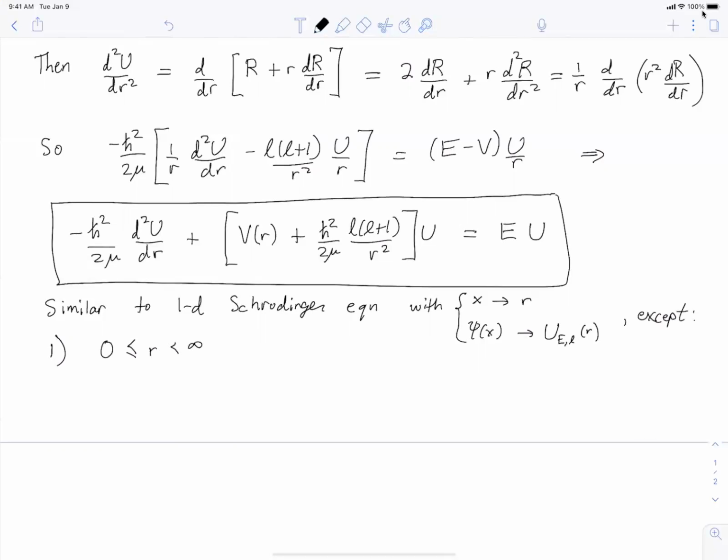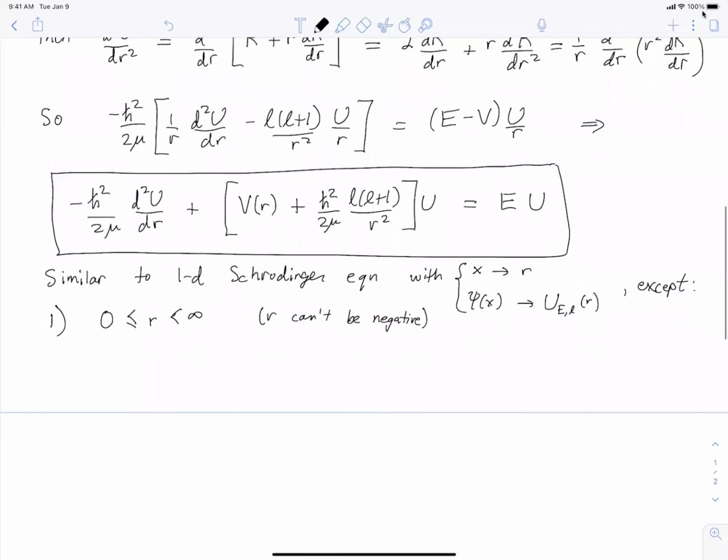That's simply because the radial coordinate can't be negative. If we're solving a one-dimensional problem, we might have just decreed that we were only interested in positive x, but here we can't possibly talk about negative r because there's no such thing as negative r.